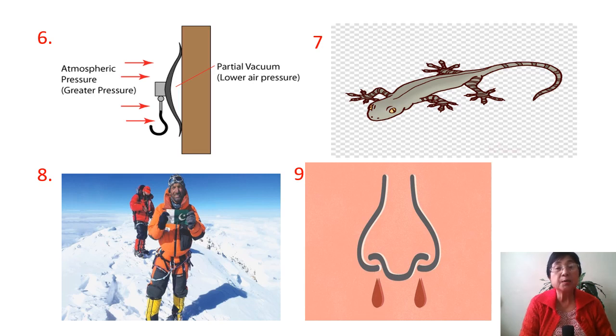And atmospheric pressure, which acts from the outside, will be stronger, making the feet stay on anything that a lizard will be crawling on. So you'll find lizards anywhere, everywhere, including the glazed wall, because it can crawl on a vertical glazed wall based on this principle.